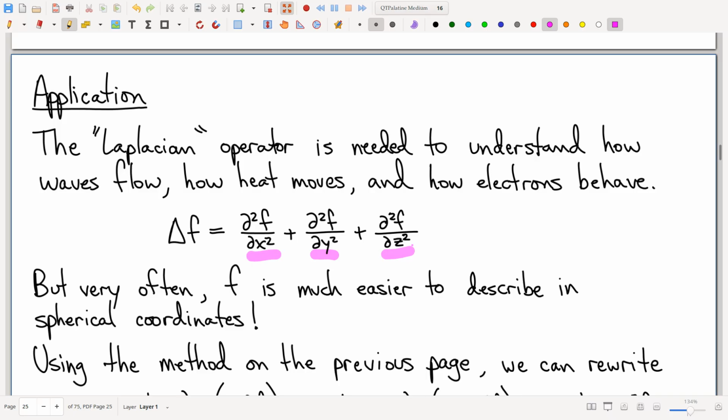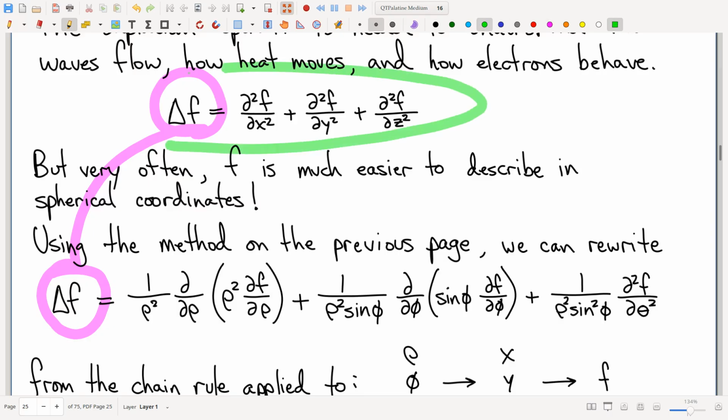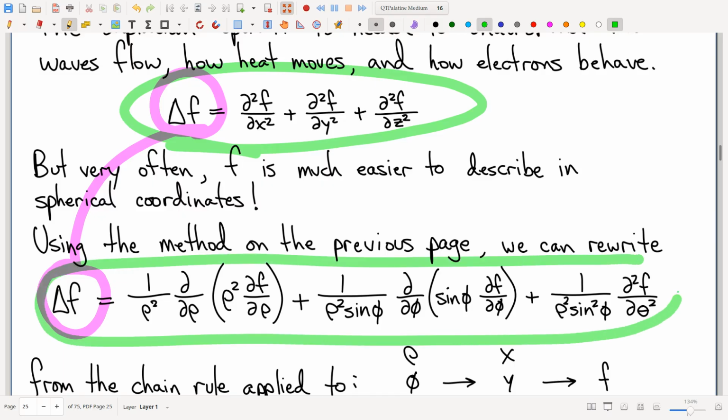We like rectangular coordinates. There's certain nice things about rectangular coordinates. But very often, certain scenarios are much easier to describe using spherical coordinates. I'm going to show you an example in just a few seconds. So here's the nice rephrase. This Laplacian, if you want to write it in terms of spherical coordinates instead of rectangular coordinates, that seemingly simple little expression in spherical coordinates turns into this.